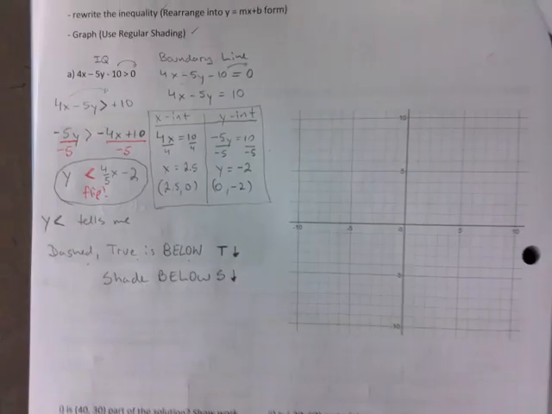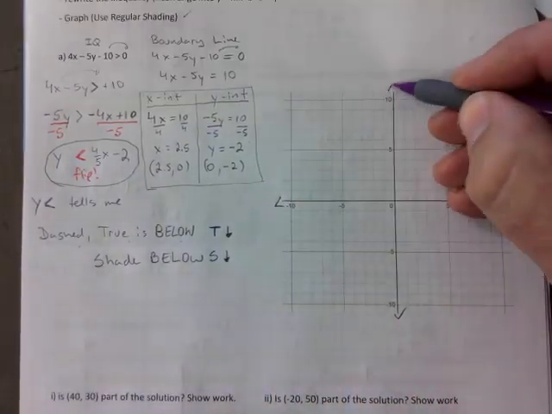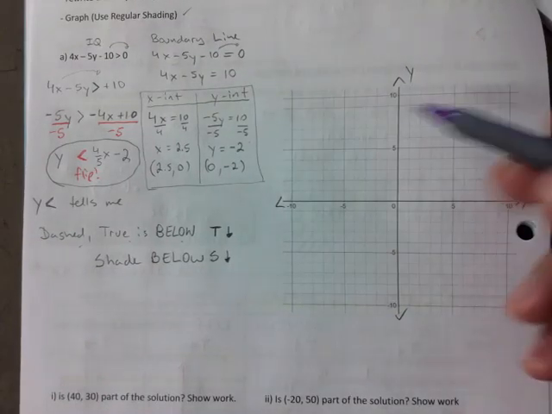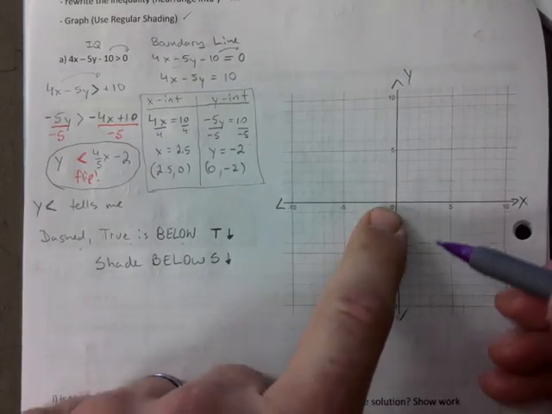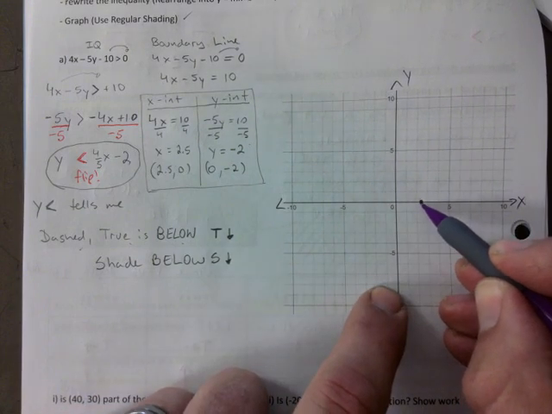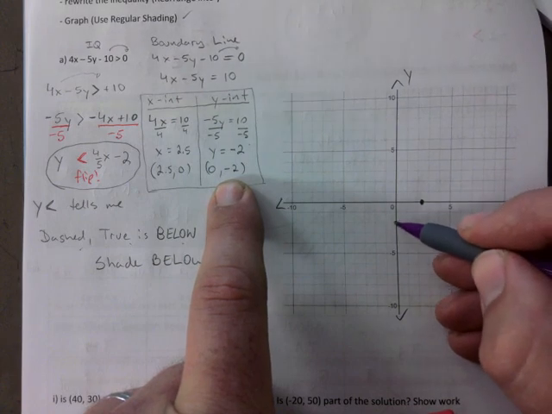So let's go ahead and do this. So we have our grid. I would still want you to always label your axes, put arrowheads, x and y. I already have a scale, beautiful. 2.5 is right here, and 0, negative 2 is right here.